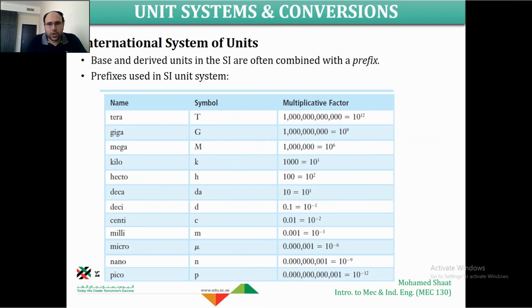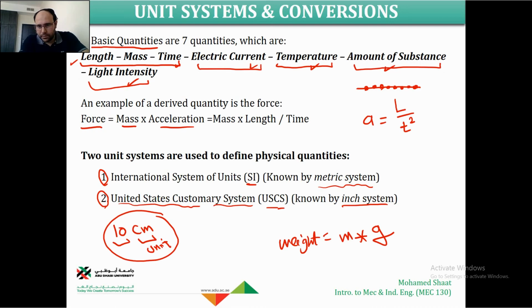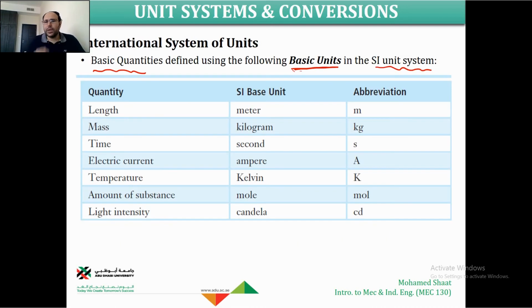These basic quantities are defined using basic units. I'm going to explain what a basic unit means. Remember that we have basic quantity and we have another thing, basic unit. Forget about the basic unit for now. How are we describing the basic quantities, or what is the unit of the 7 basic quantities in the international system, the SI system?